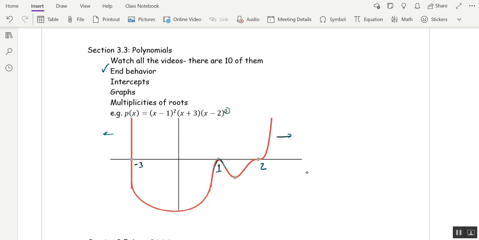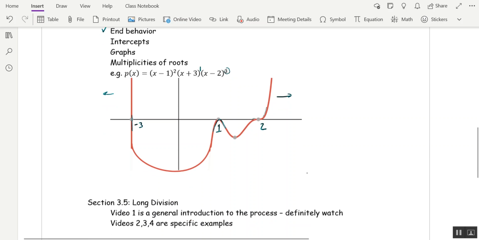Whereas if the multiplicity is odd, like 1 and 3, then the polynomial graph will cross the x-axis at that root. So at -3, I'm crossing, and at 2, I'm crossing. So bounce back versus cross. That's why we care about multiplicities.